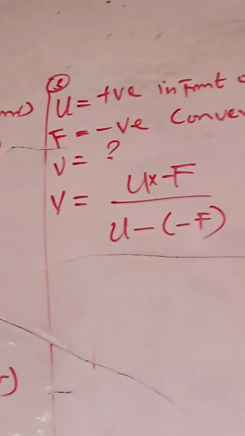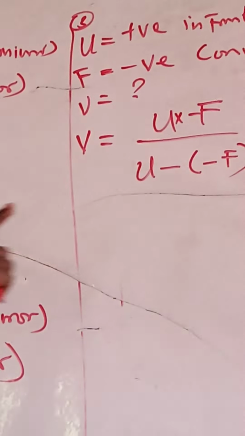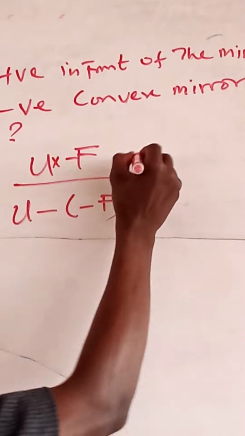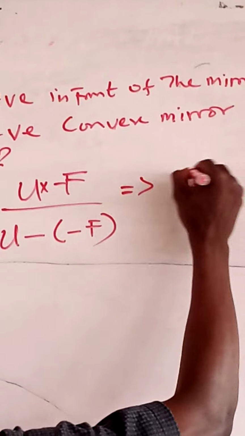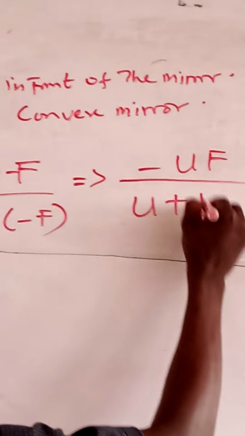Automatically it is u plus f. But now the focal length is negative because it is a convex mirror. What are we going to have? This is going to be minus uf over u plus f.